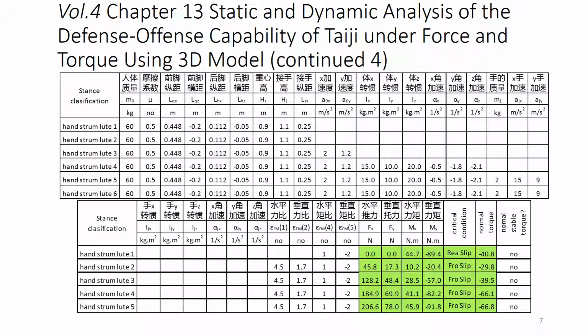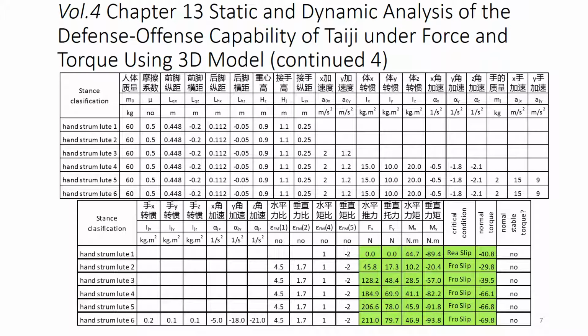Case 5. FX 206.6 Newton. FY 78.0 Newton. MX 45.9 Newton-meter. MY negative 91.8 Newton-meter.